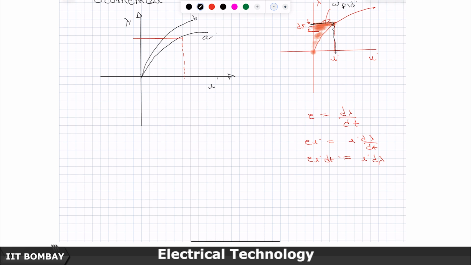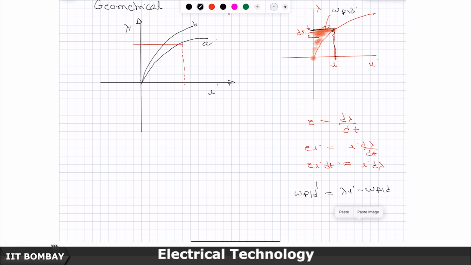Now, how have I defined co-energy? From this picture you can see very clearly what I mean by co-energy. This picture makes it very clear. W dash of FLD is lambda times I minus WFLD. So, what is lambda times I? It is this rectangle area, the complete area, minus this area which is the WFLD area.